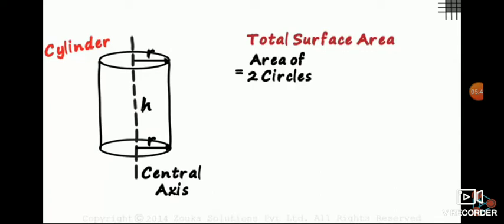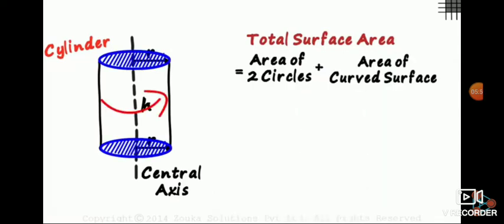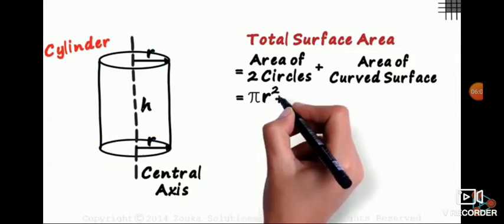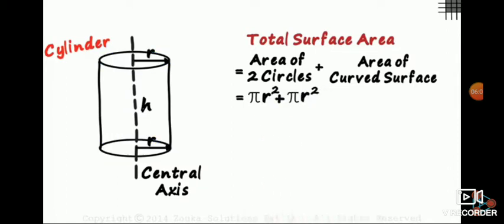It will be the sum of areas of the two circles and the area of the curved surface. As the radius is r, the area of each circle will be pi r squared. So the sum of the areas of both the circles will be pi r squared plus pi r squared. But what is the area of the curved surface? This is interesting.